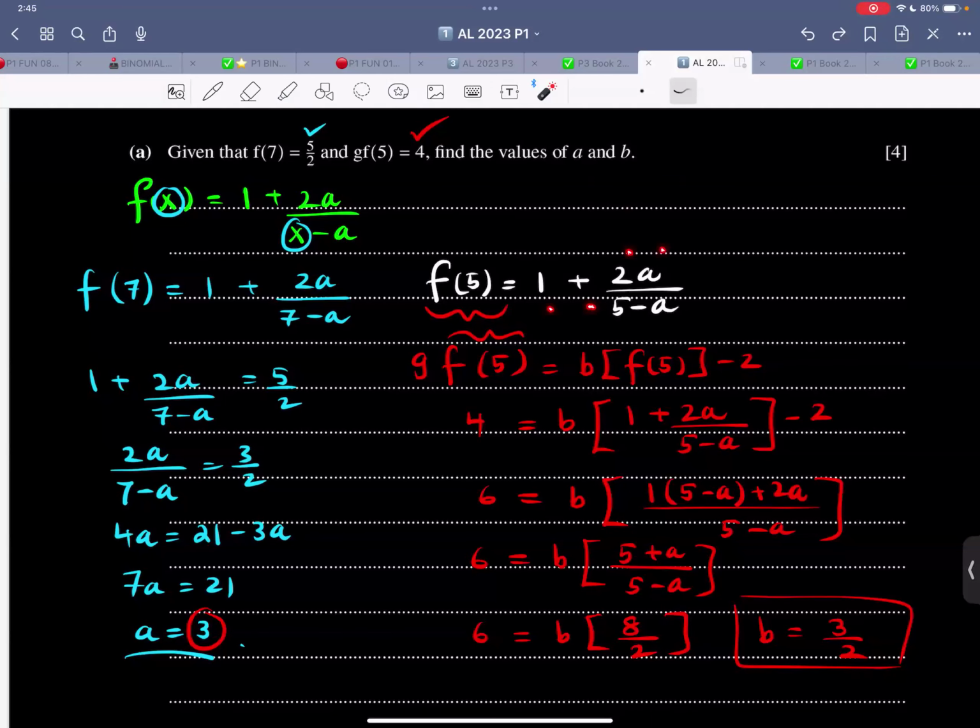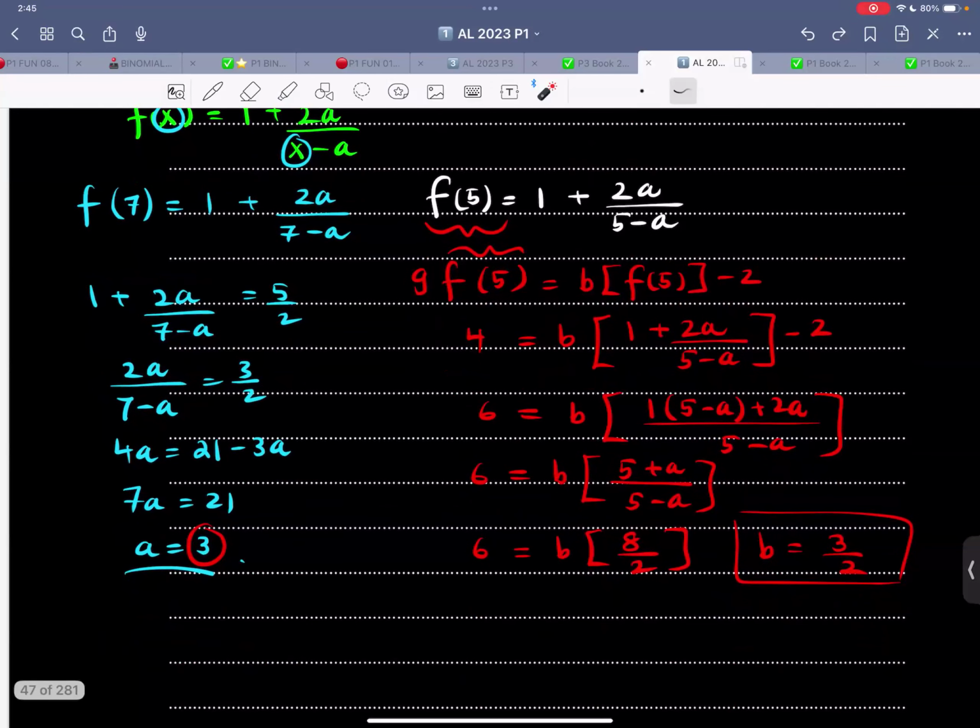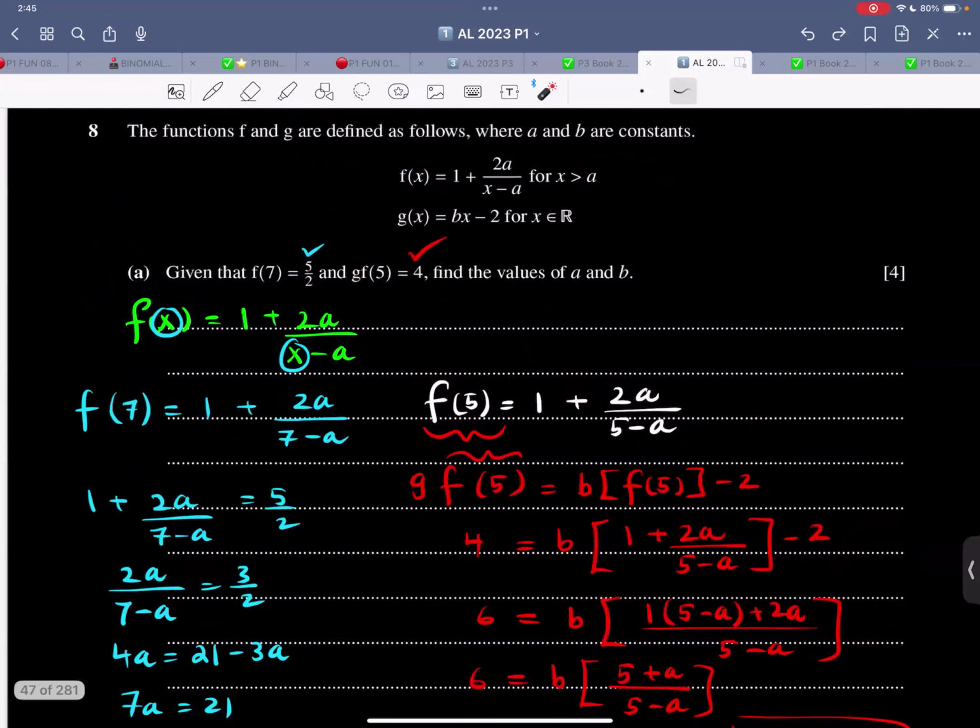That is 1 plus 2a over 5 minus a. I did not substitute it over here, I worked it symbolically. I could have, but maybe I forgot. And then g of f of 5 means this whole thing will be substituted in g(x), bx minus 2, substituted in x.